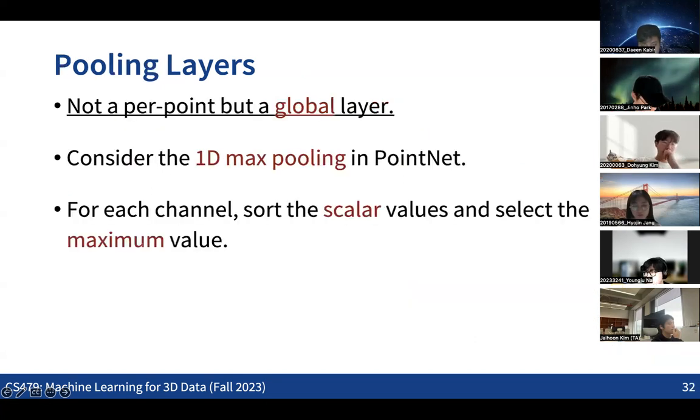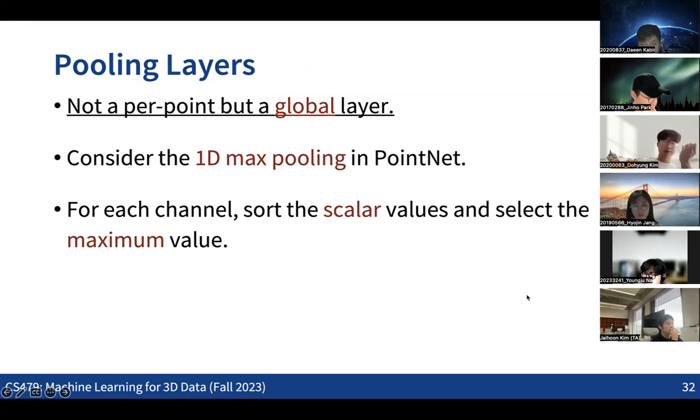And how about the pooling layers? Pooling is a global function, not a per-point function, right? Given a set of vector features, how can we apply pooling layers? If we think about the PointNet case, we have a 1,024-dimensional vector for each point, and then we apply 1D max pooling for each channel, right?